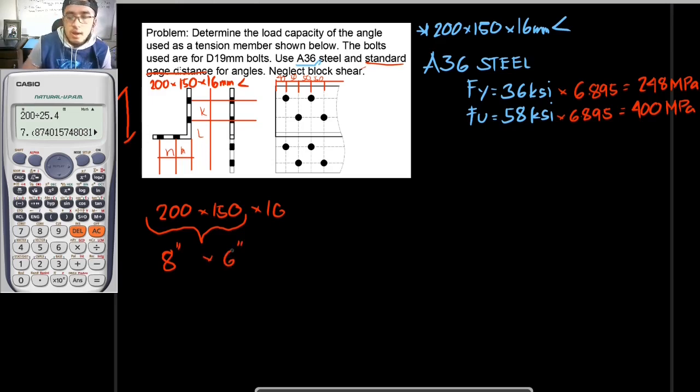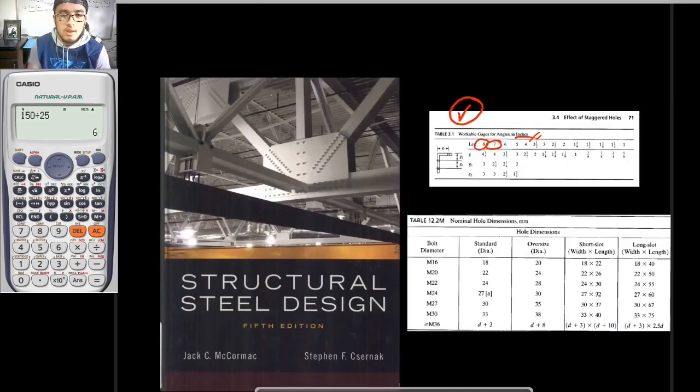So the conversion factor we would use here is just 25. So 200 divided by 25, that is 8. Then 150 divided by 25, that is 6. So, meaning in our reference right here, we would use 8 and 6.